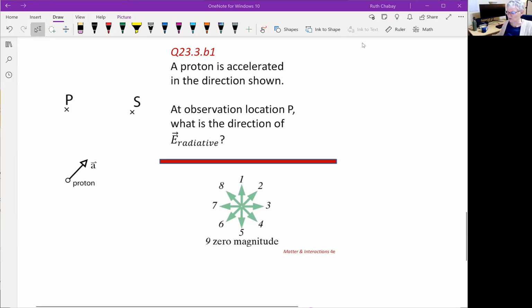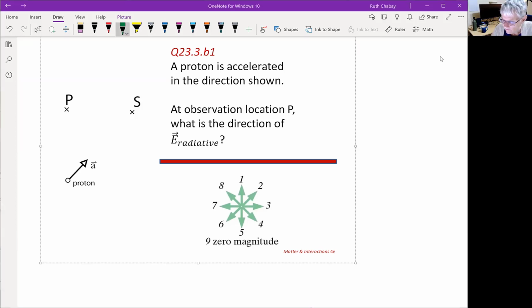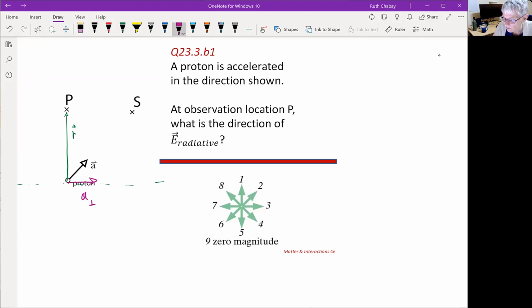Okay, so mostly you're absolutely in the right space. So that is indeed the correct answer. 7 is the correct answer. Let's see why. We had R, we had a line perpendicular to R. We found A perpendicular.